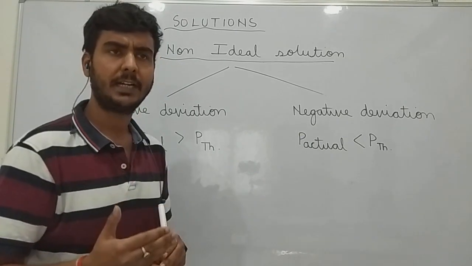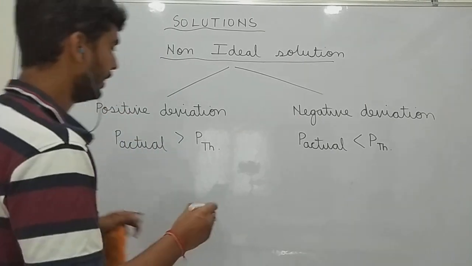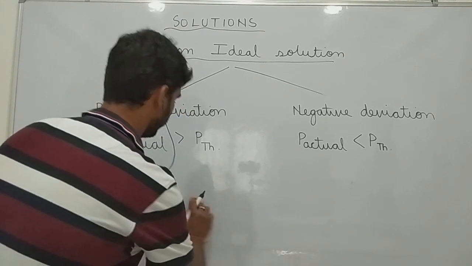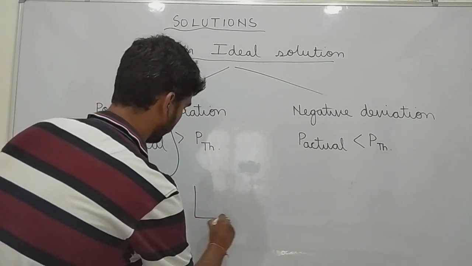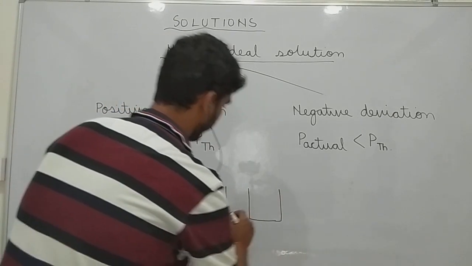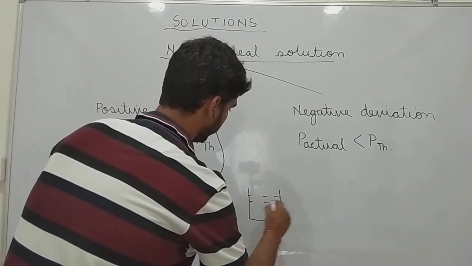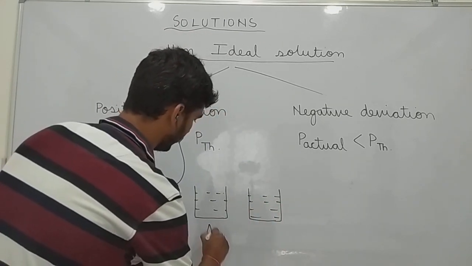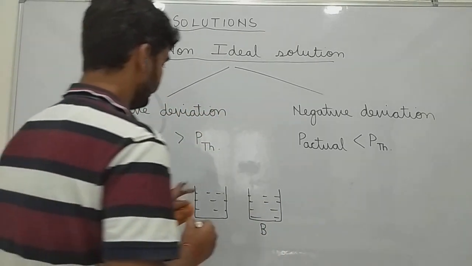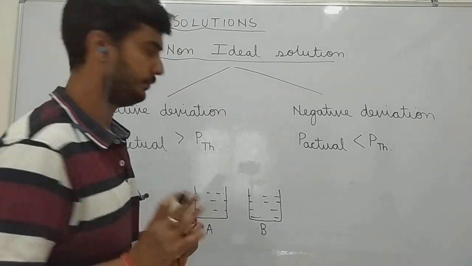So let us understand why this positive or negative deviation takes place. Suppose there are two containers. In these two containers, I have taken two volatile liquids, A and B. This contains volatile liquid A and this contains volatile liquid B. Now in the first container, there will be molecules of A only.